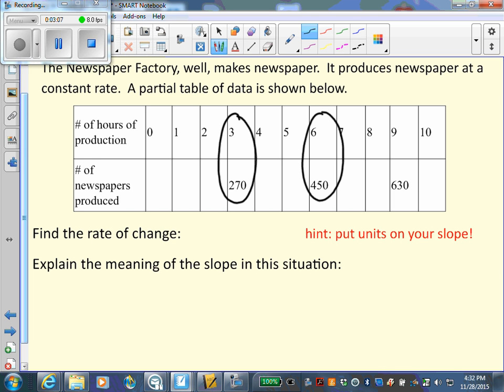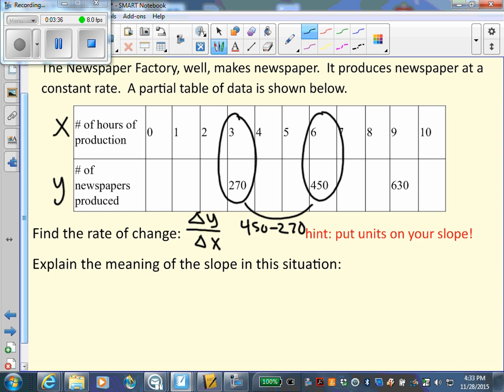And I want to find the change in y and the change in x, which is the same as rise over run, just another way to say it. Change in y over change in x. So to find the change in y, remember, the x is always the one on top, the y is the one on bottom in a table set up like this. So change in y, I need to figure out what it is changing from 270 to 450. And if you can't do that mentally, you could write it out. What we're really doing is subtracting 450 minus 270.